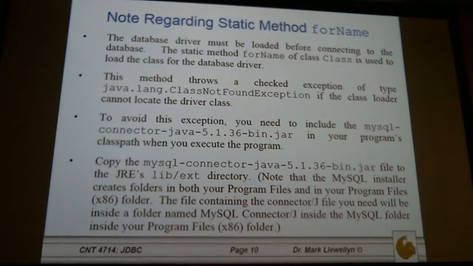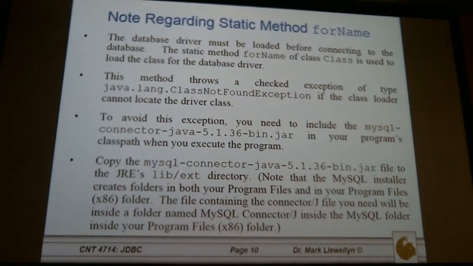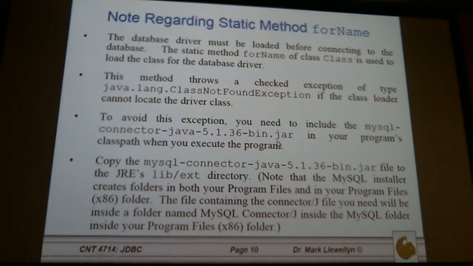in your MySQL environment, you'll find two different MySQL folders, one in Program Files and one in Program Files x86. In the Program Files x86 folder, you'll find a MySQL folder that will have a Connector/J folder inside. Open up that folder and you will find this file here, the mysql-connector-java-5.1.36-bin.jar file.